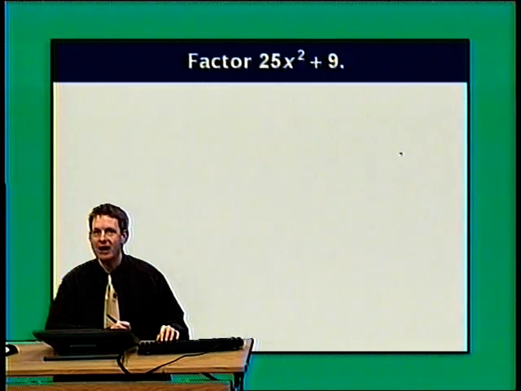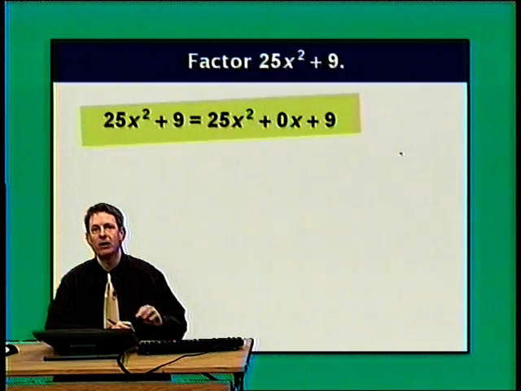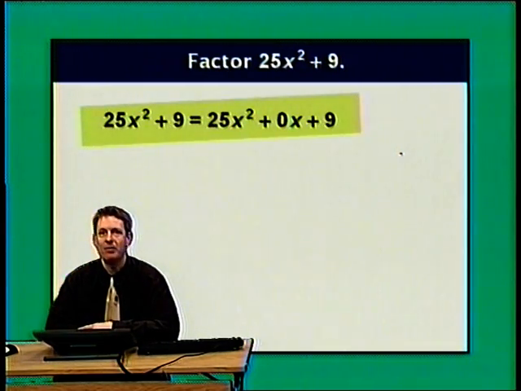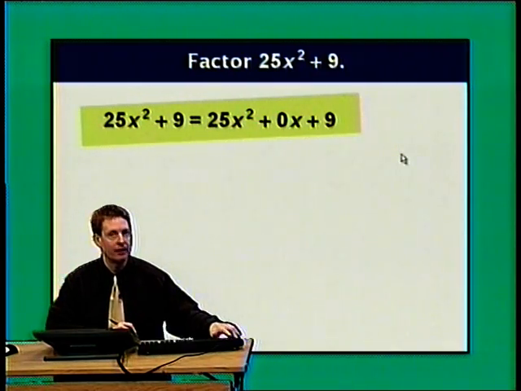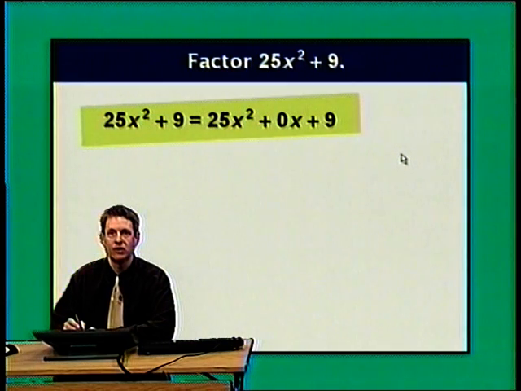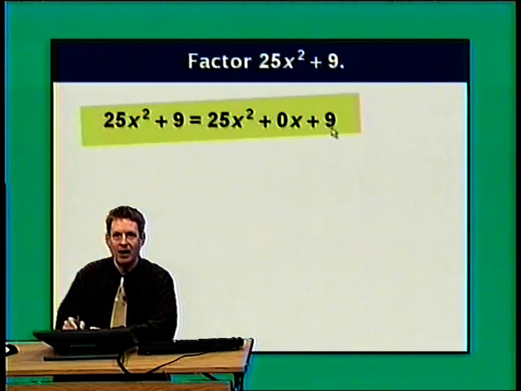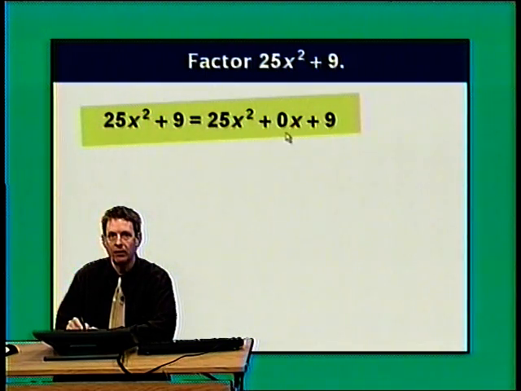If 25x squared plus 9 factors, we could consider the factorization by imagining there being a middle term, and the middle term would have to be 0x. So let's ask ourselves: what pair of integers multiplies to 25 times 9, which is 225, and adds to 0?